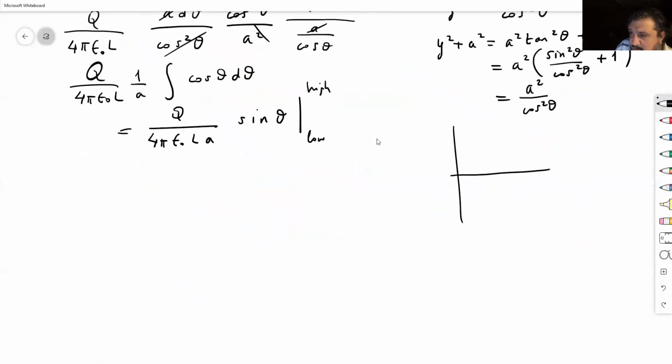So you have here theta, L over 2, negative L over 2. This is A, right? So sine is this divided by that. So we're talking about the high limit is L over 2 divided by A.